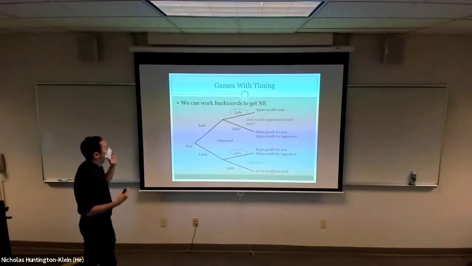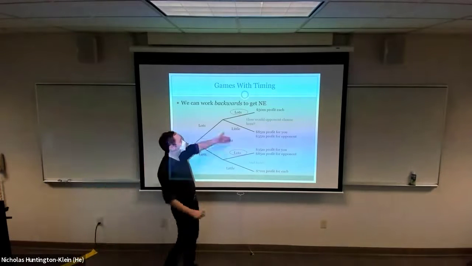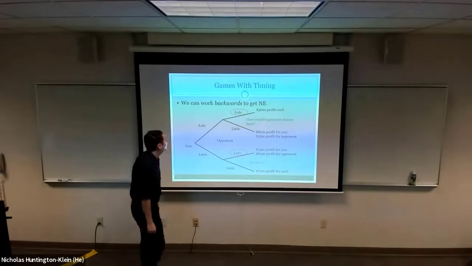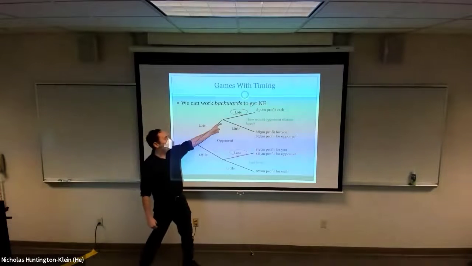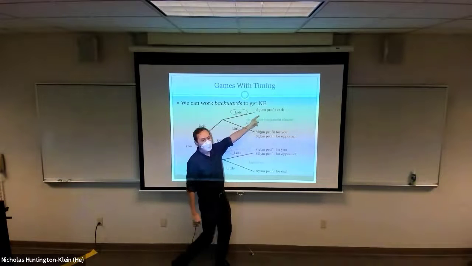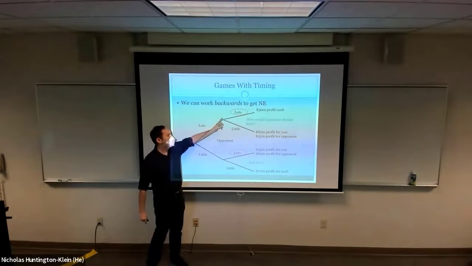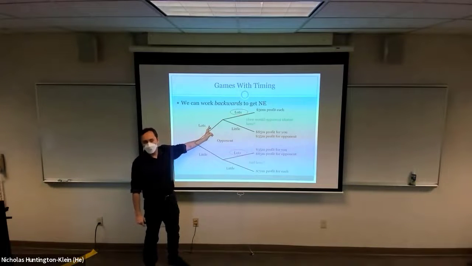So let's ask ourselves, what is our best response to their sort of mix of choices here? If we invest a lot, then we expect they will also invest a lot, and we will get 50 million. So you can sort of imagine that this lots option right here has a $50 million payout attached to it.